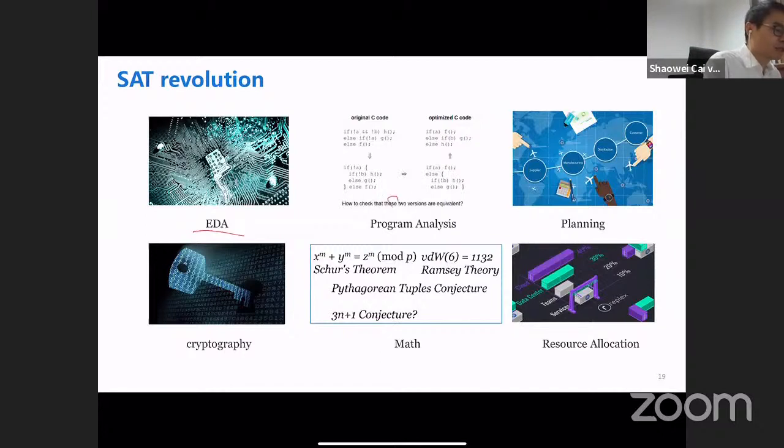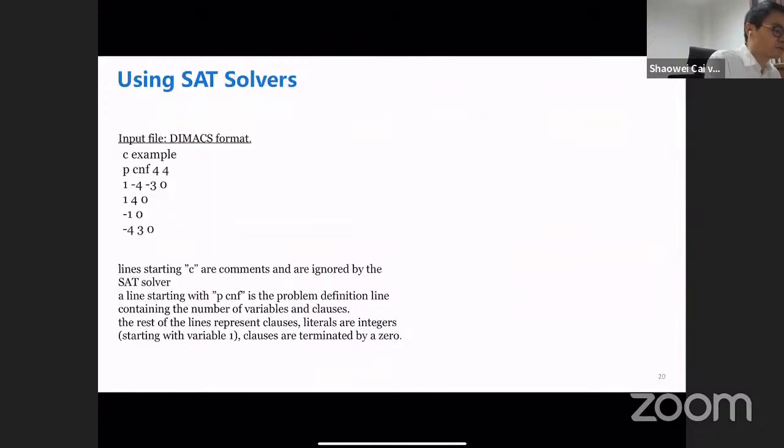In that part, SMT is more convenient, but we have to say SMT also needs to call a SAT solver in its engine. In AI planning, the SAT-based approach is still one of the popular approaches, and also in cryptography, mathematics, resource allocation and so on.